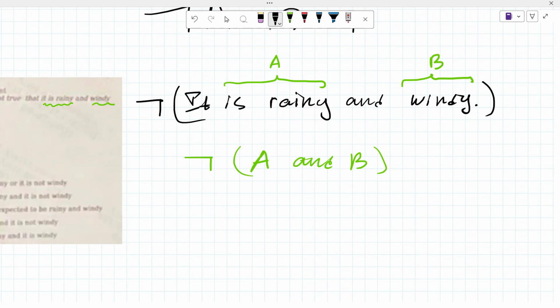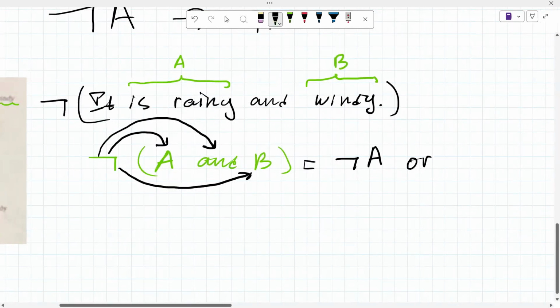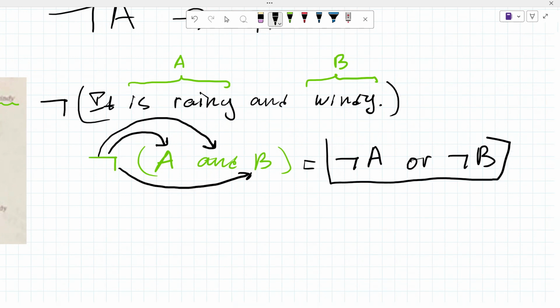Many times you already heard about De Morgan's law, which is the contribution of not into the brackets. So you contribute not not only to the variables, but also to the word and. So this is the same as not A or not B. Whenever you contribute not into the and, it becomes or. So this is our final answer.